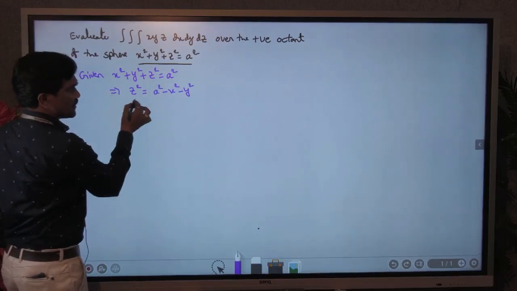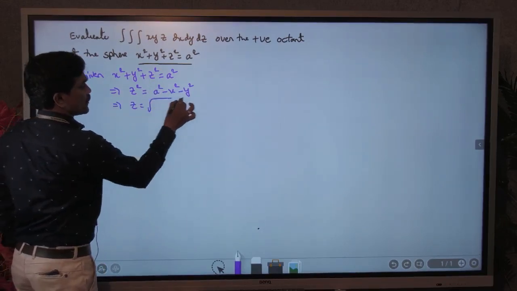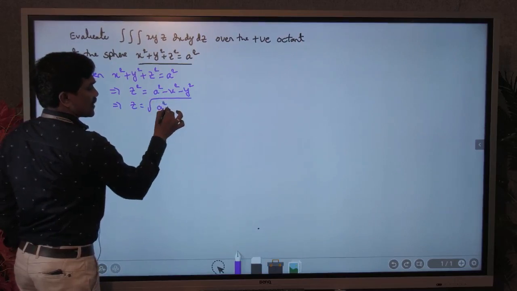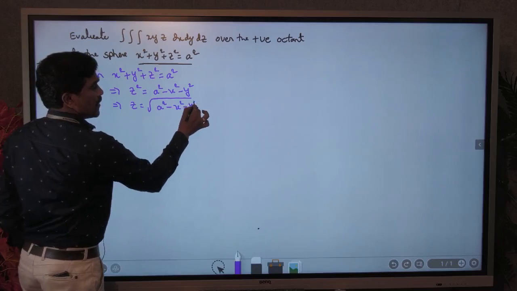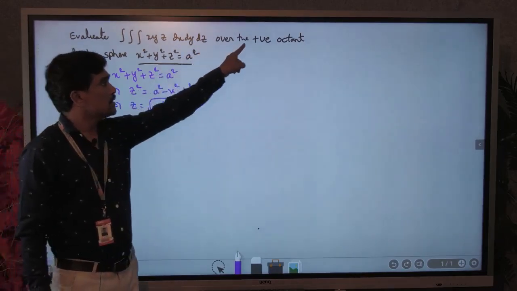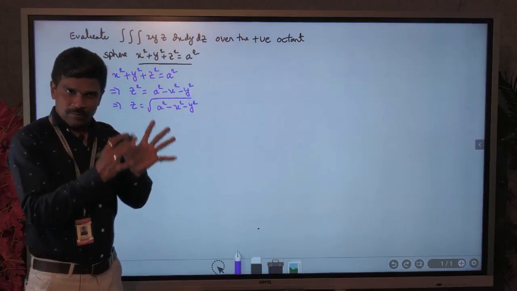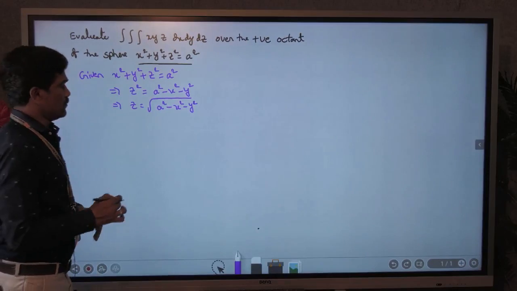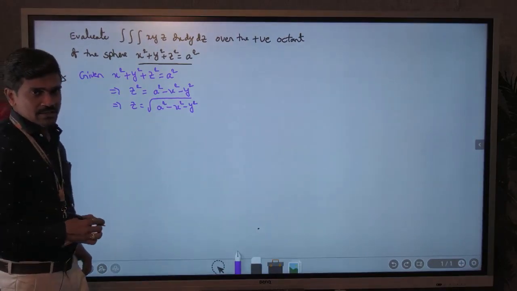So z is equal to plus or minus square root of a square minus x square minus y square, but here we take only the positive value, because the region is in the positive octant. So z is equal to square root of a square minus x square minus y square.